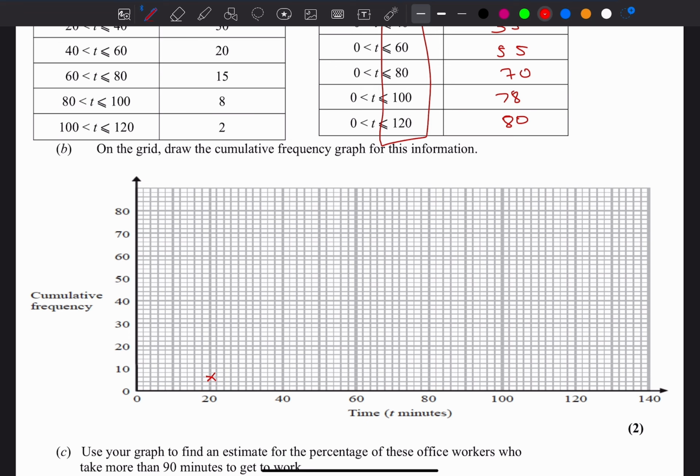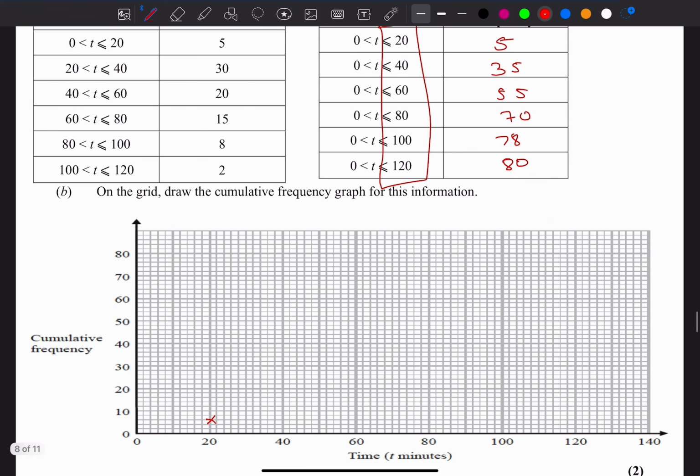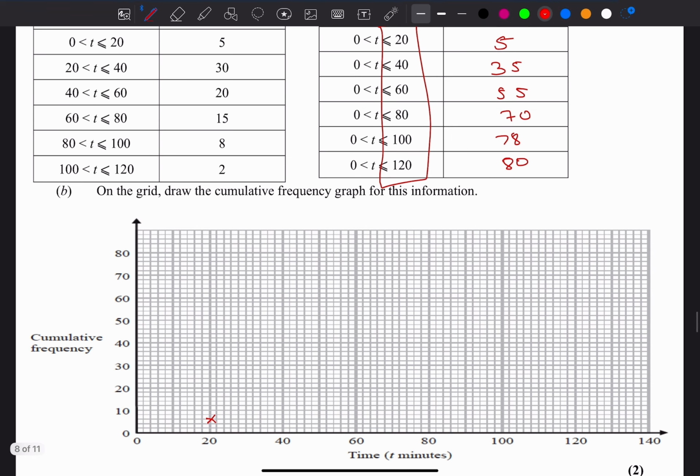This is very hard to plot, but okay, you'll manage. 40 and 35, between 30 and 40 for the 35, 60 and 55, 80 and 70. Okay, that's a nice one. 100 and 78, 120 and 80.